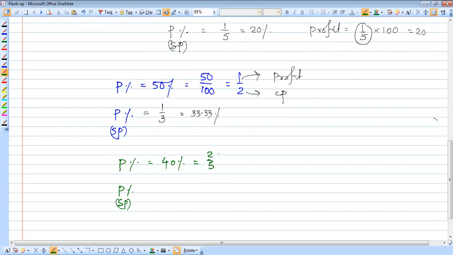What is 2 by 5 means? 2 is the profit, 5 is the cost price. So what is the selling price? 5 plus 2, 7 rupees. Here what I did, the selling price is 2 plus 1 rupees profit, 3 rupees this way. So the profit on the selling price would be 2 out of 7 into 100, 28.57.